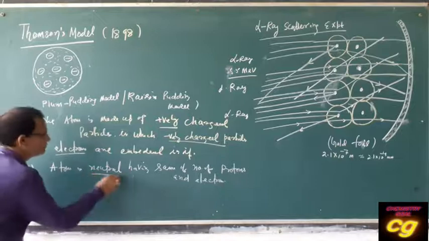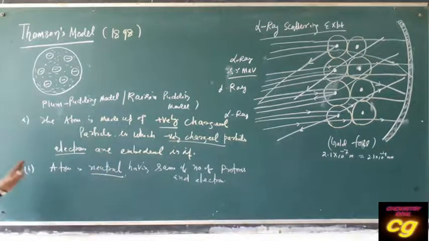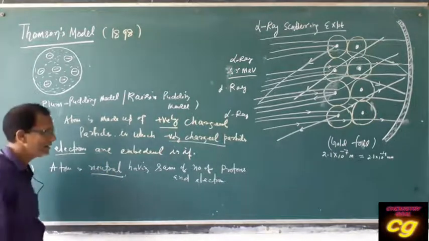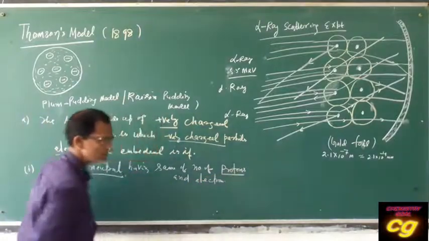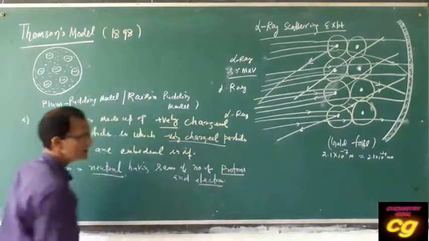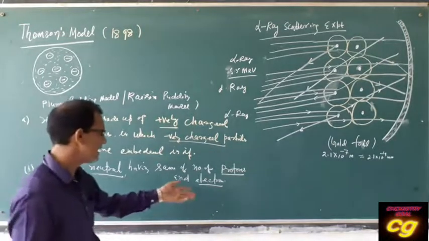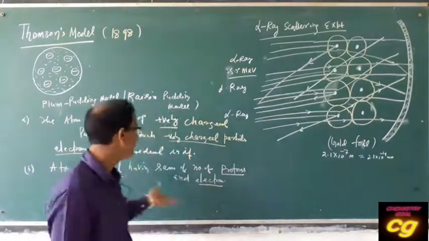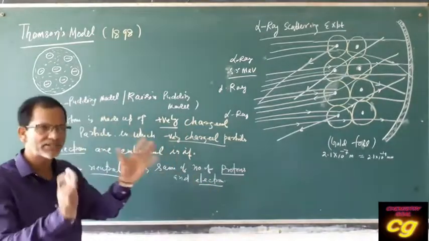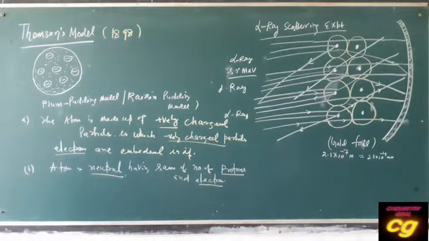He proved that the atom is neutral because the same number of positive charges and negative charges are present. Because a proton is a positive charge and an electron is a negative charge, the numbers are the same inside the atom. That's why the atom is neutral.